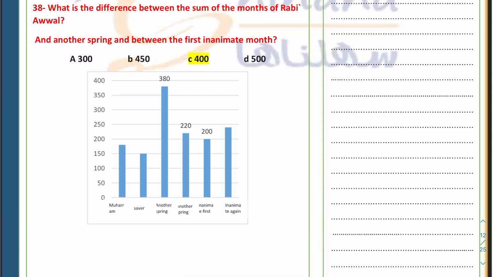Question number 38. What is the difference between, okay, Rabi' al-Awwal, he said here we need to find, and another one between the first, maybe the first Jumada here. Okay? He said here first, maybe first Jumada and Rabi' al-Awwal.